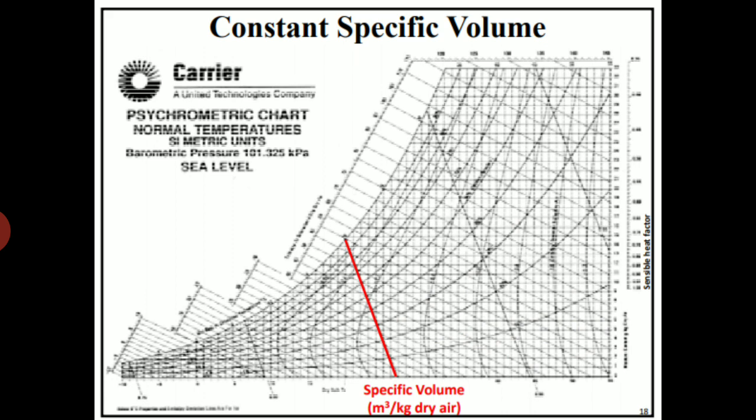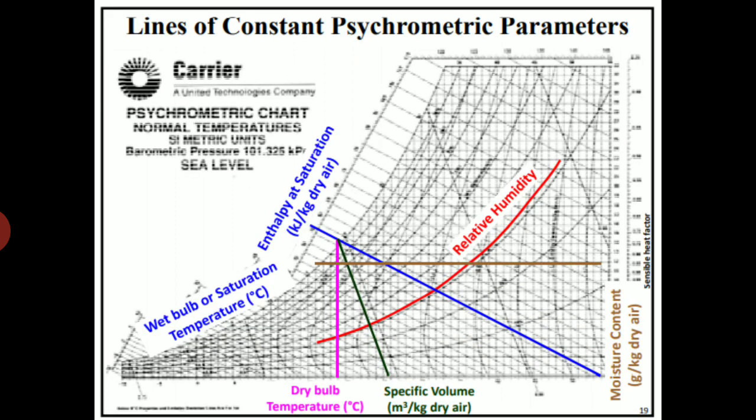It ranges from about 0.7 to about 0.95. So these are called specific volume lines. V can be obtained from this psychrometric chart. So all the lines are included here.